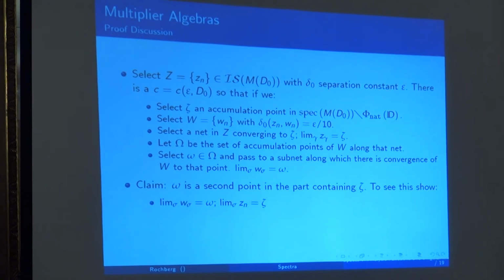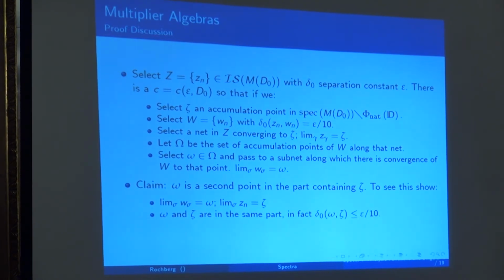So, as I said, the W's converge to omega, the Z_n's converge to zeta. They're in the same part. Why are they in the same part? Because we picked them to be delta zero distance, not too far from each other. But the delta zero distance in the disk is the Gleason distance.